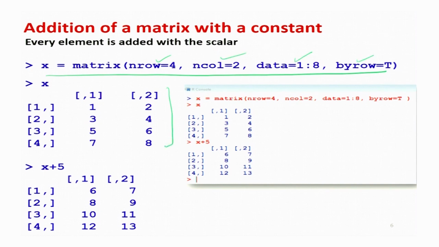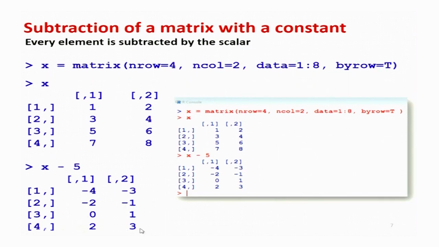And now, if you add 5 here, then what will happen? Each of the elements will be added with 5 like this, and this is the outcome. Similarly, when you subtract some scalar from a matrix, the operation is similar: as in addition the number was added, in subtraction the number will be subtracted. Suppose I consider the same matrix X and subtract 5 from the matrix.